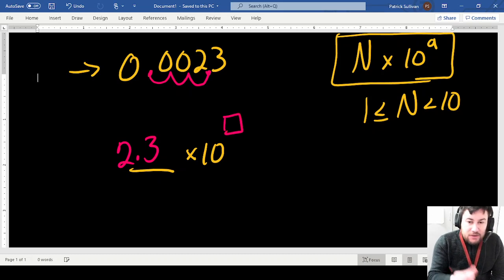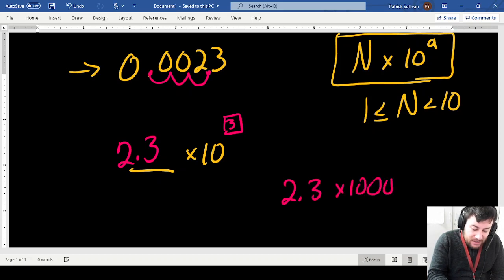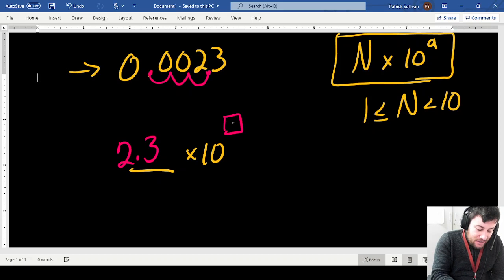Now I need to think about times 10 to the what power? Well, I moved it 3 places, but if I put 3 right here, then 10 to the third is 1,000, so 2.3 times 1,000 is most definitely not going to give us 0.0023. You could check that in a calculator. So logically, it has to be raised to the negative third.